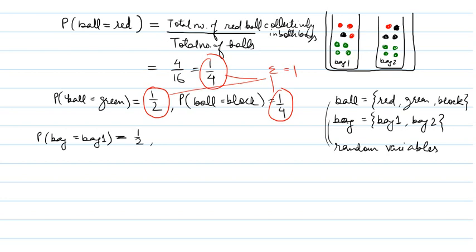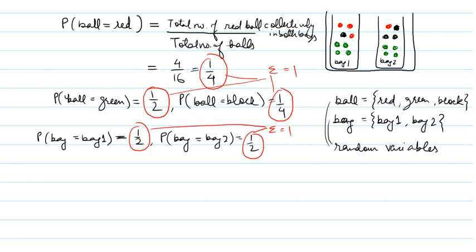Similarly, P of bag is equal to bag 2 is also half. We again take the summation of these two, and this summation again is equal to 1, right? So these are called the marginal probabilities.